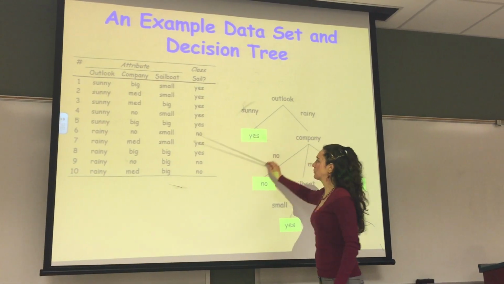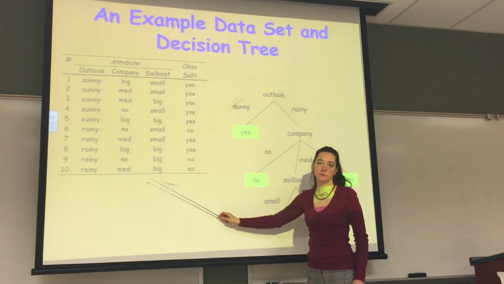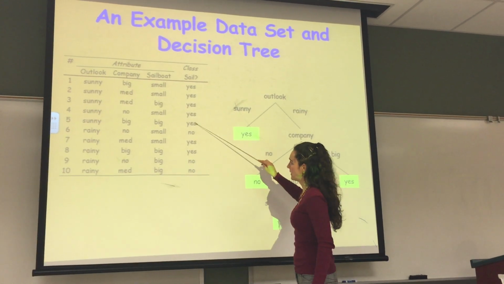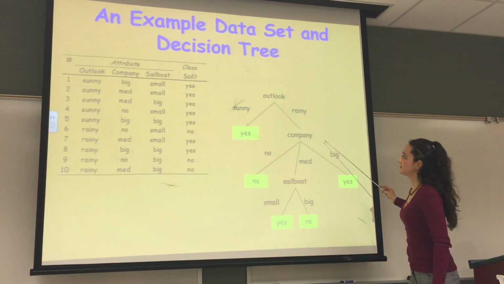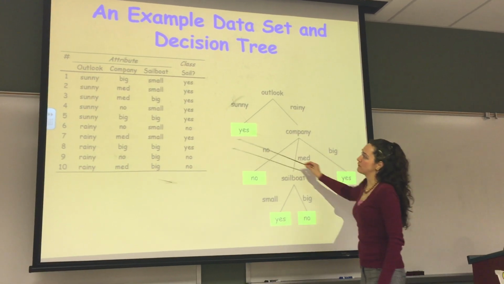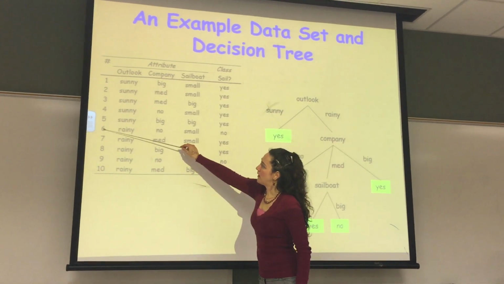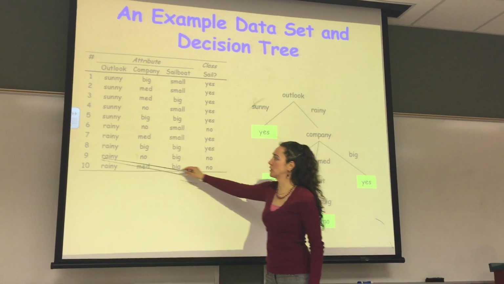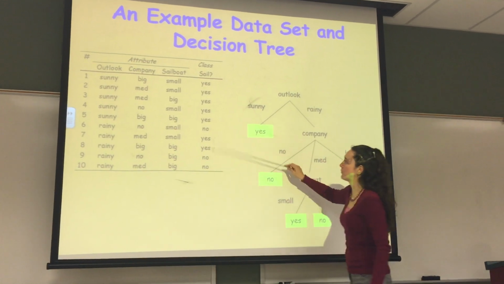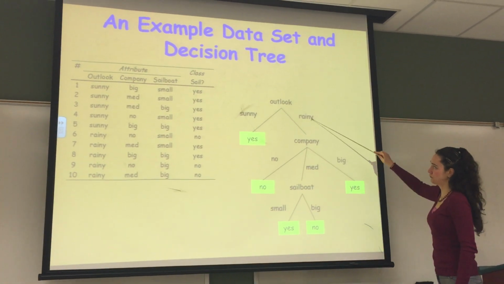All of these go on the left side of the tree because they all have property yes. On the right side will go object 6, object 9, and object 10 that have property no for the outlook attribute.